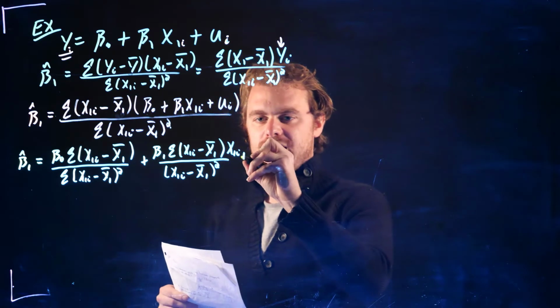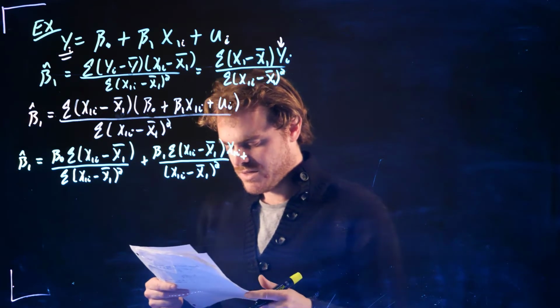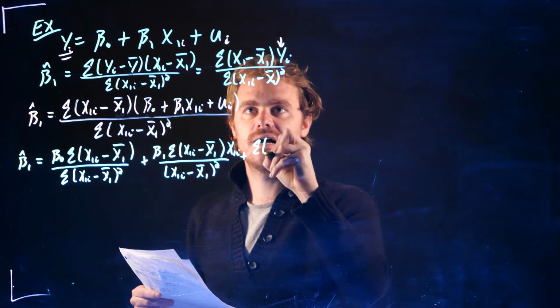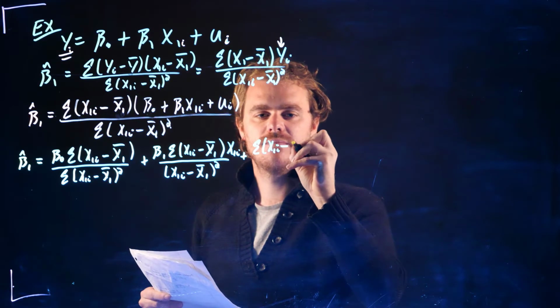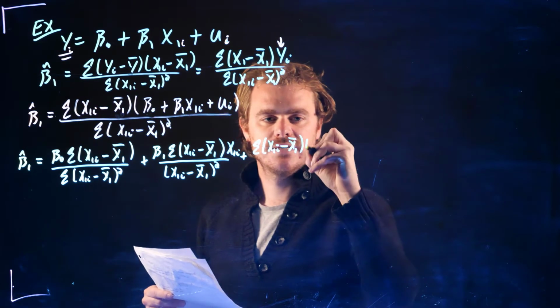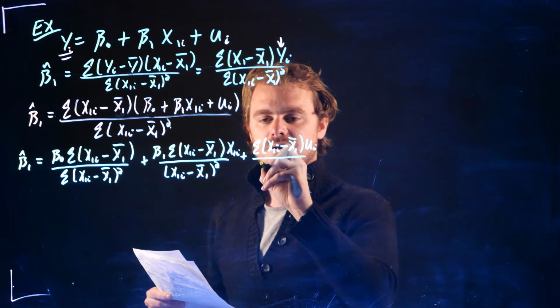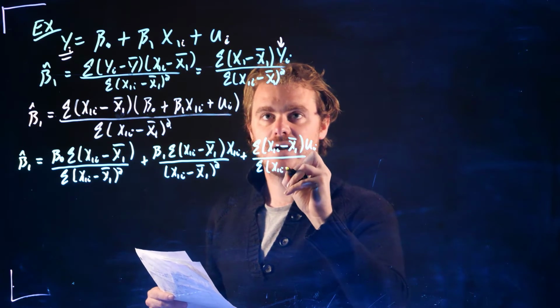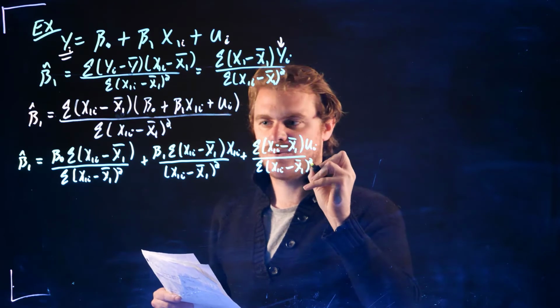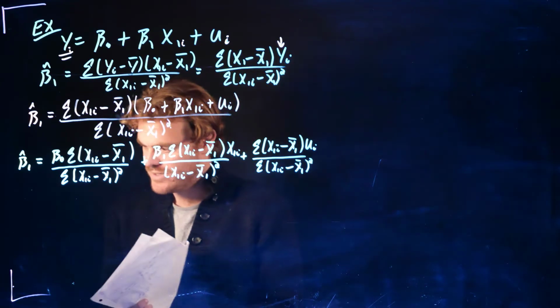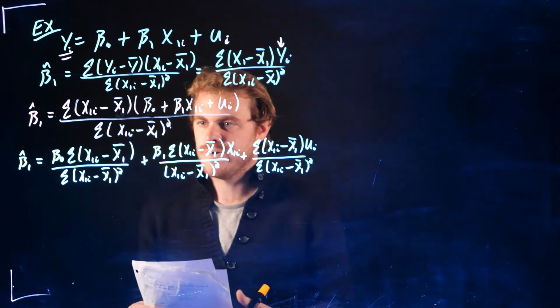And we have this final term: the sum of (x1i minus x1 bar) times ui over the sum of (x1i minus x1 bar) squared. All right, so now we can cancel a few things out.